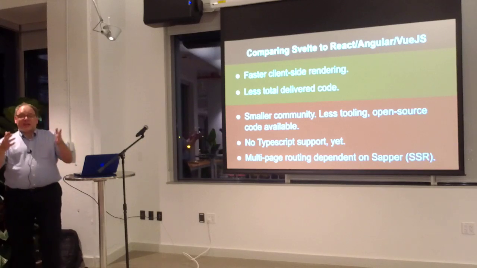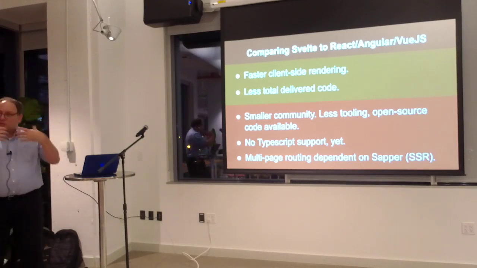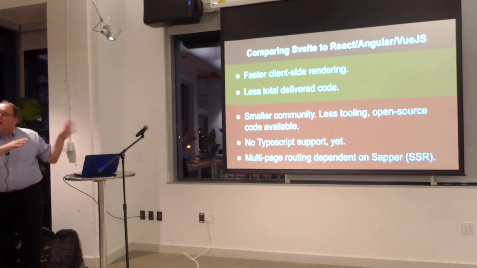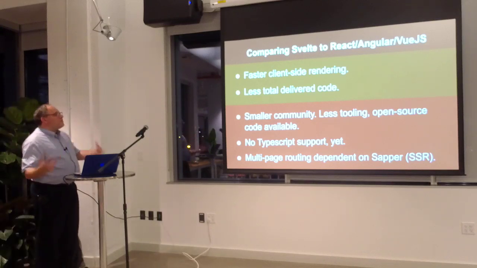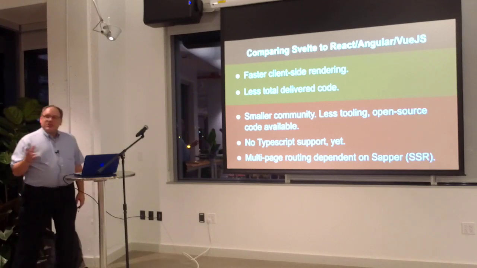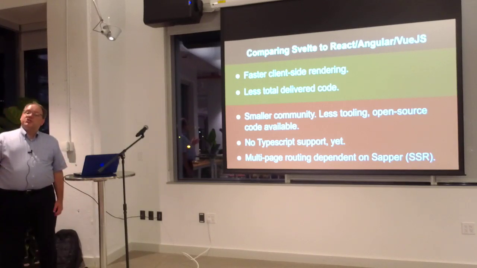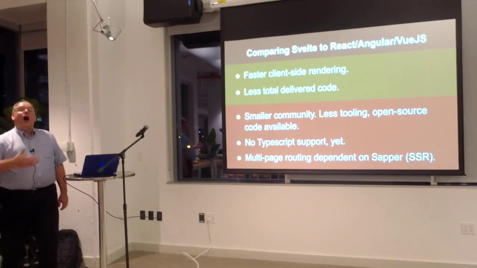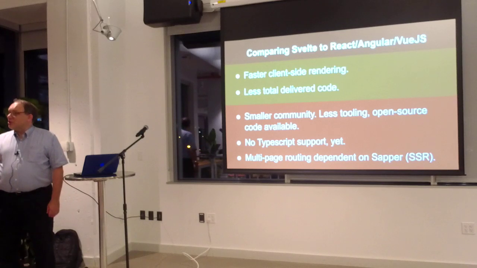I think you guys have all built things in React and Angular, and you've probably written more code than I just did, right? Now, admittedly, there were some shortcuts I had to take to get to where I was. But we definitely had less code. I didn't demonstrate that Svelte, as a result of that code and not having to maintain a virtual DOM, updates the DOM faster than those libraries.